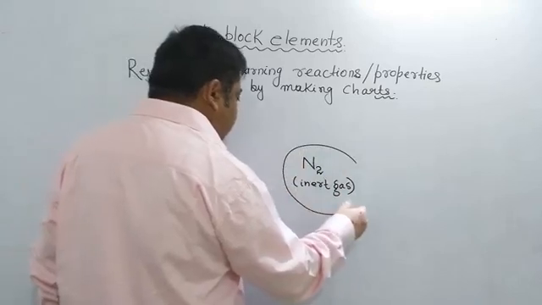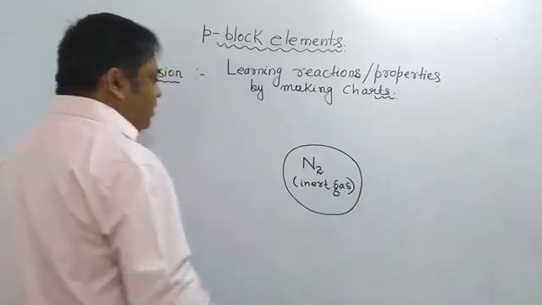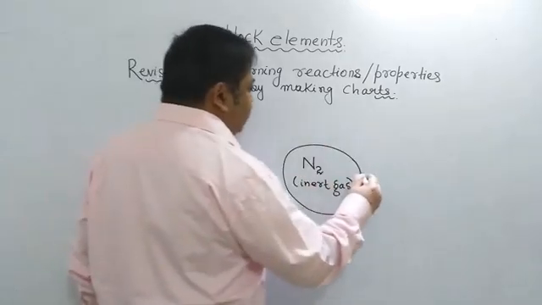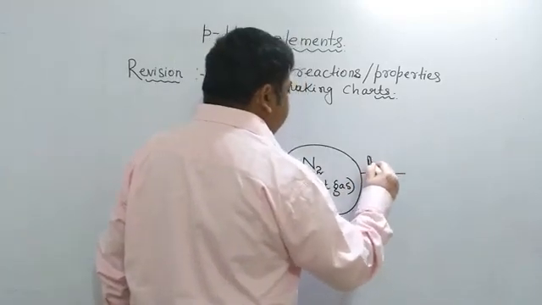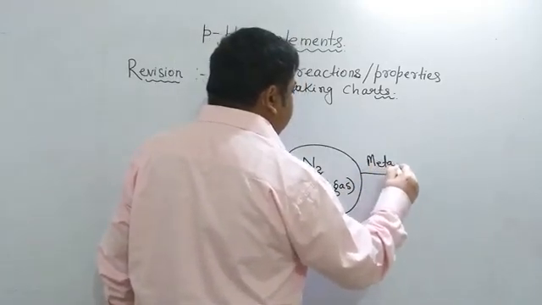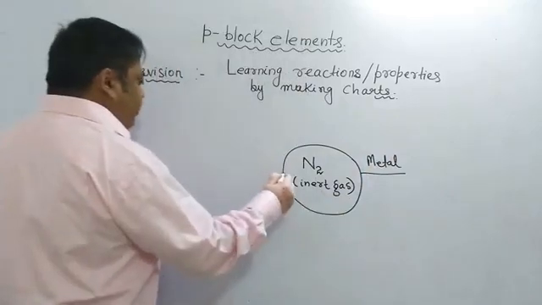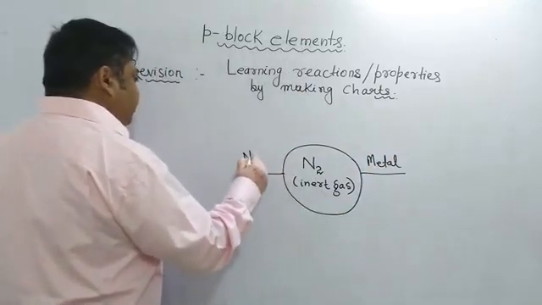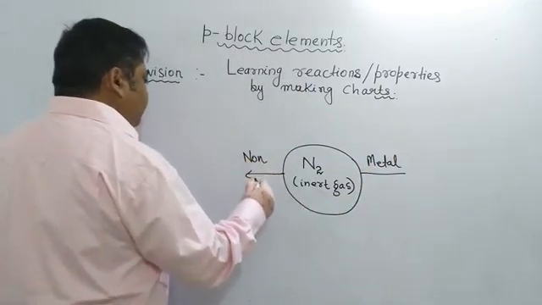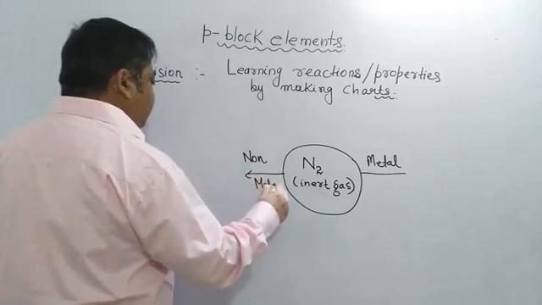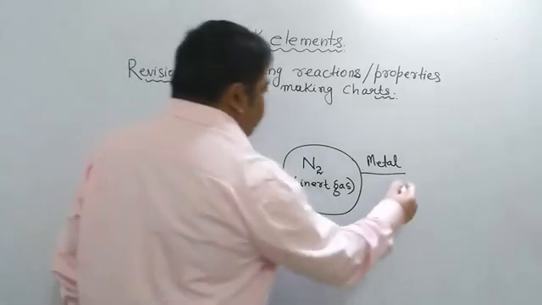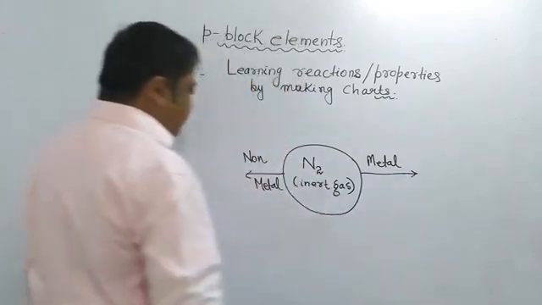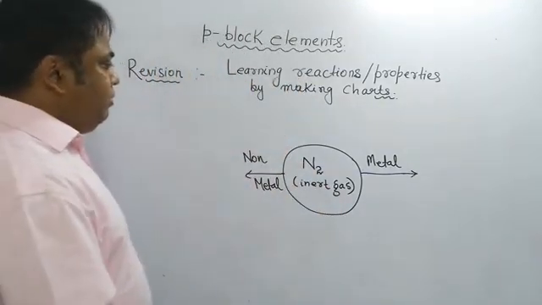So I will make it react with metal. I will make it react with non-metal. It does not react with water, it does not react with acid, it does not react with base.